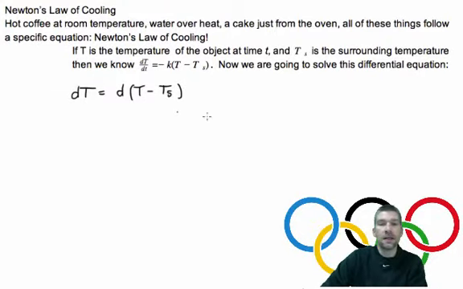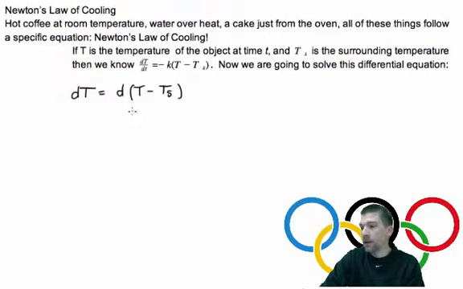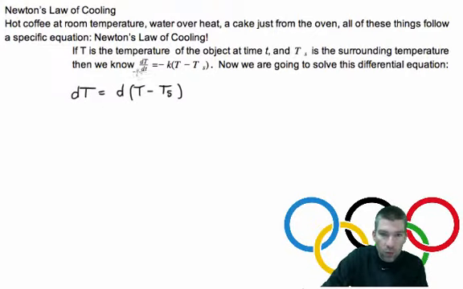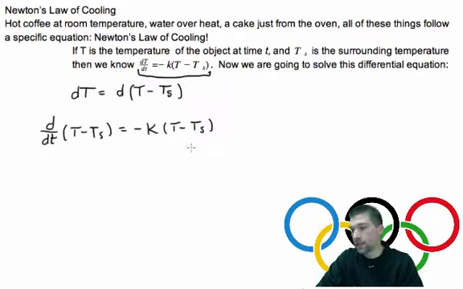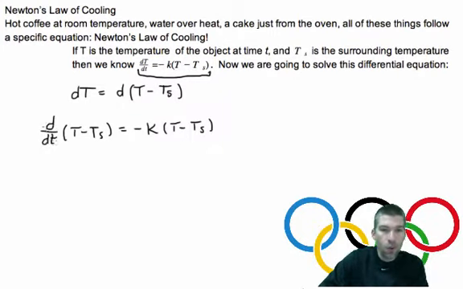Okay, and so if we know that, then we can rewrite this equation right here, which is going to become dT/dt of T minus Ts. And that's going to be equal to negative k times T minus the surrounding temperature, which is Ts.